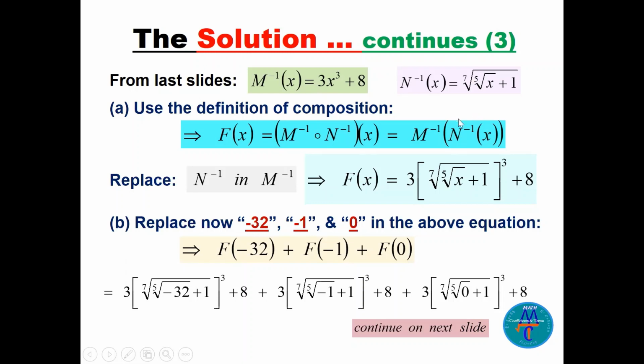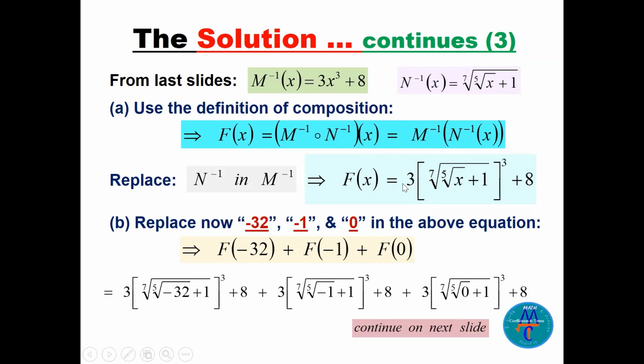So I have to replace n inverse in m inverse. All this function will be like x in the function m inverse. So it will be 3 outside, the inverse inside, the seventh root, all cubed, plus 8. Now this is the function F.